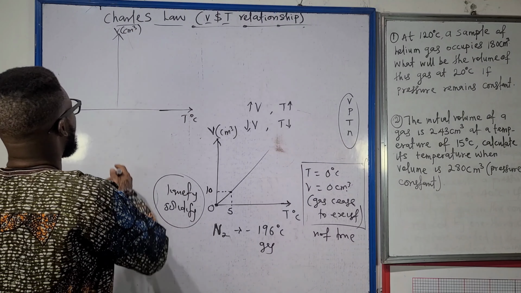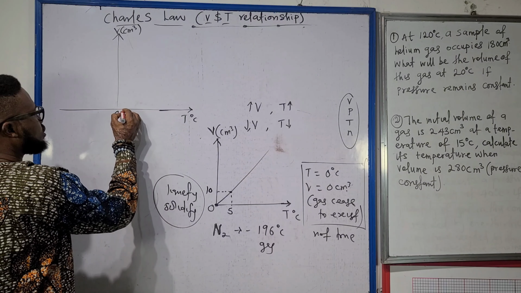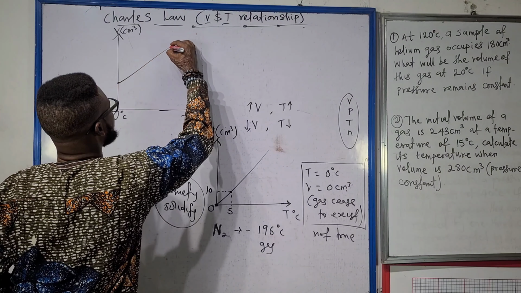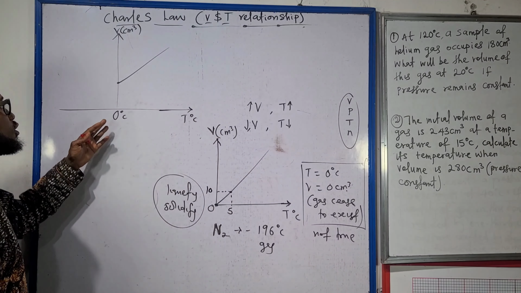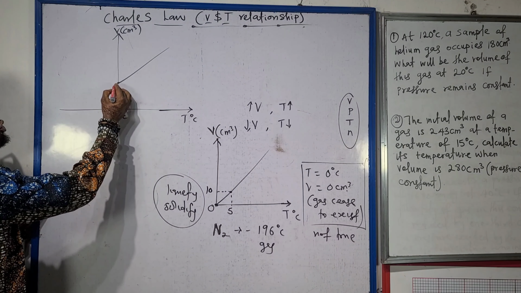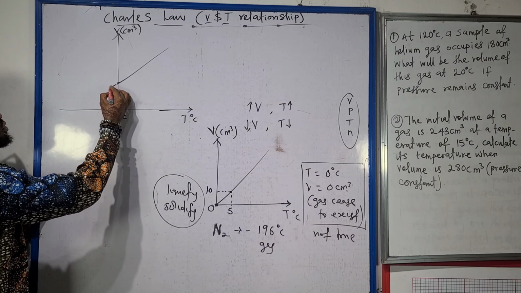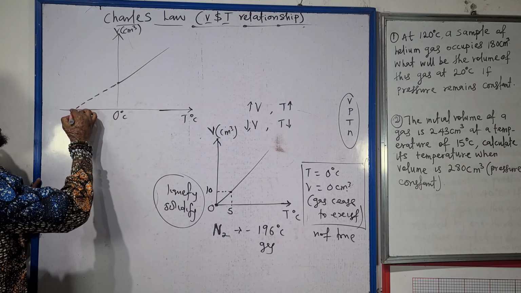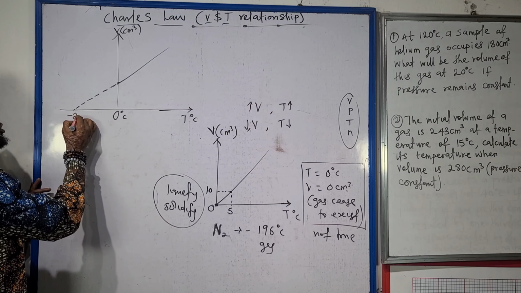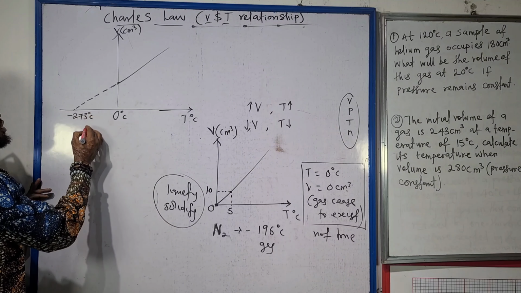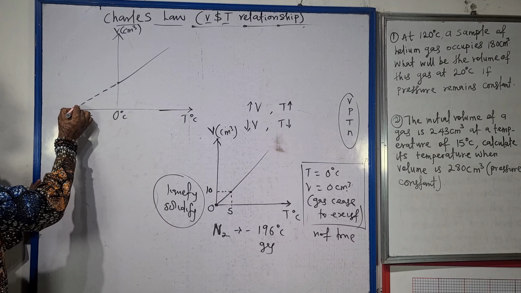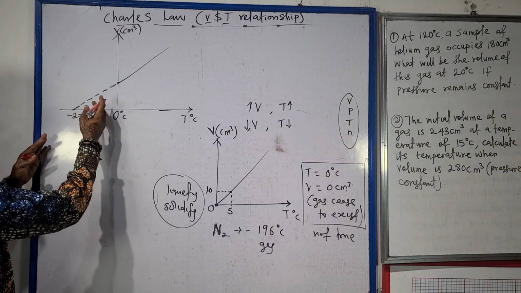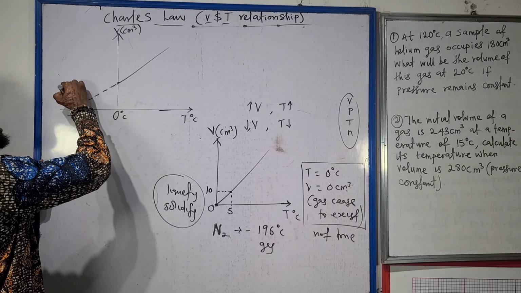What that means is that even at the temperature of 0 degrees Celsius, the gas was still found to have volume, so that if we continue to plot, we found that it is when the gas gets to minus 273 degrees Celsius that it looks as though the gas ceases to exist, as we have here. You can see the extrapolation here.